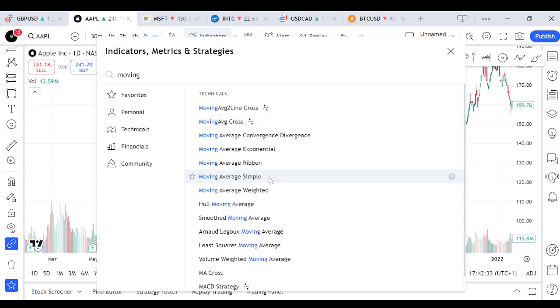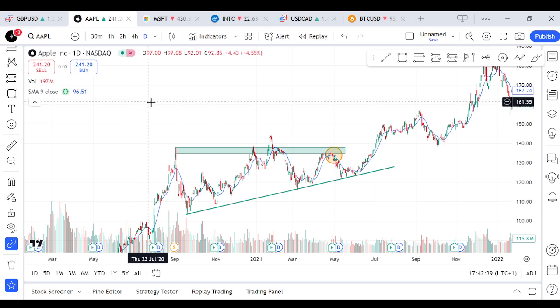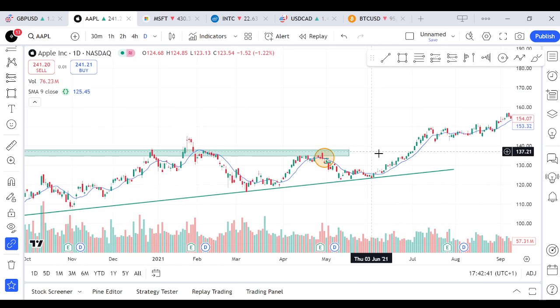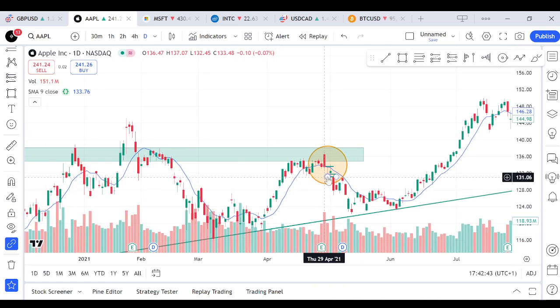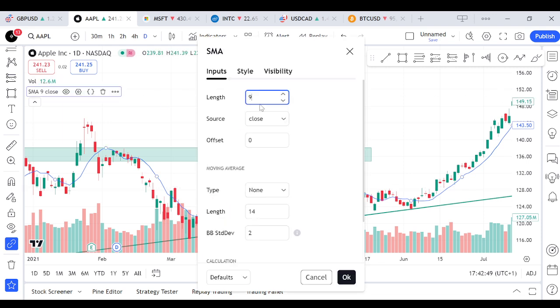So let me quickly add the moving average, and you can see price going below the moving average. At the same time we had the downside Tasuki candlestick pattern. Let me use the 50-day moving average.